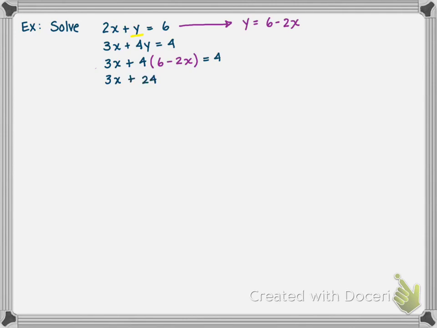So 24 minus 8x equals 4. Combine like terms. -5x equals -20, and x equals 4.